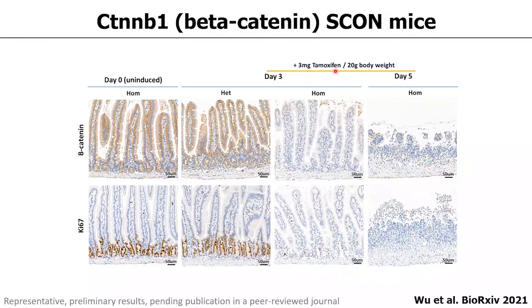After tamoxifen administration, you can see that the homozygote has completely lost beta-catenin expression. This loss leads to depletion of proliferating stem cells and progenitors, so that on day 5 the entire epithelium was gone. This was a very nice confirmation that our SCON technology can be used for generating a conditional knockout in the mouse.